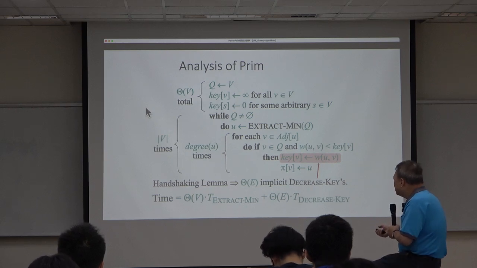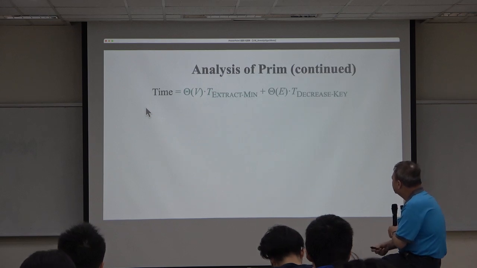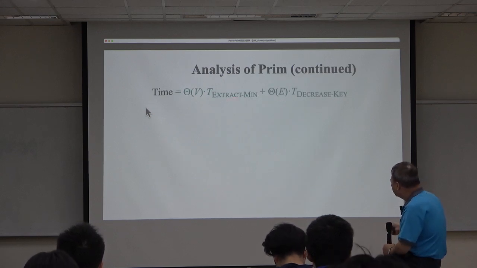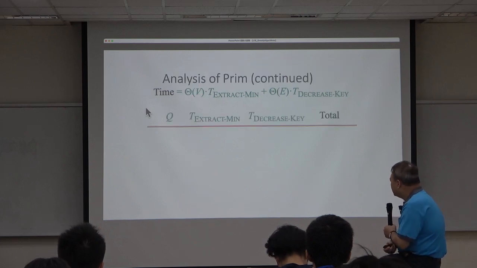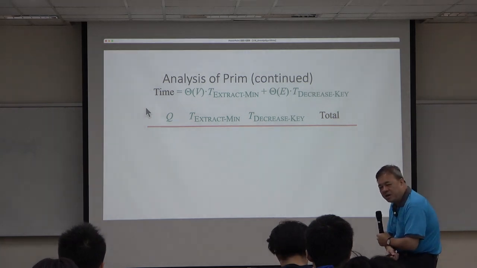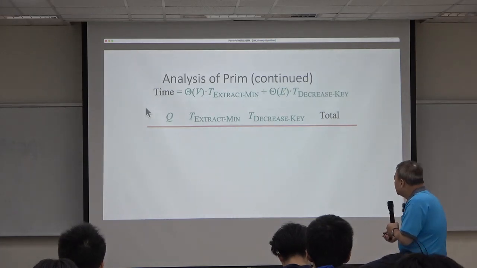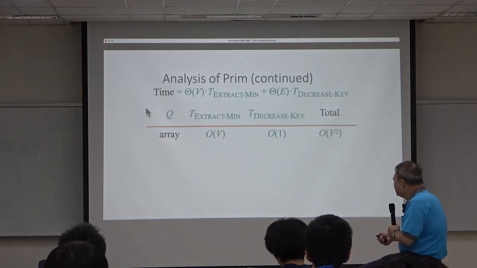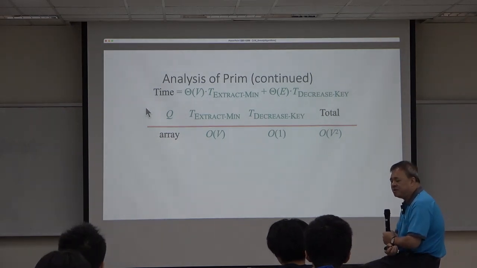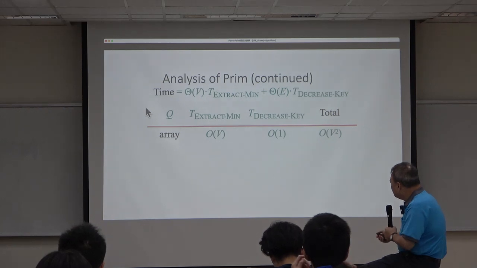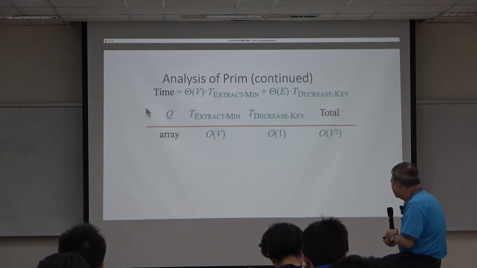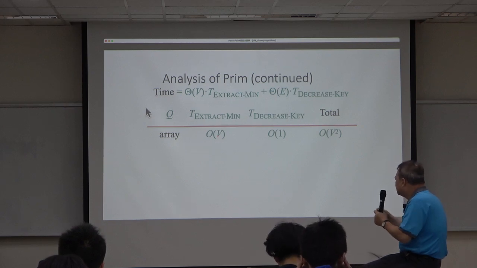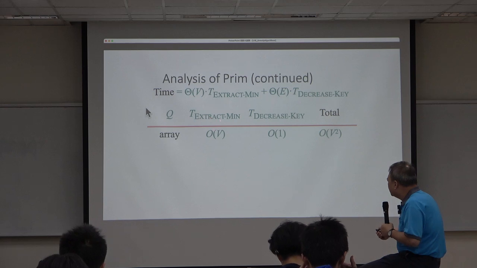But we're talking about the priority queue, and there are different ways to implement it. The easiest way is obviously using an array. If you use an array, every time you obtain the min, you need to rearrange the whole thing, so it is linear.